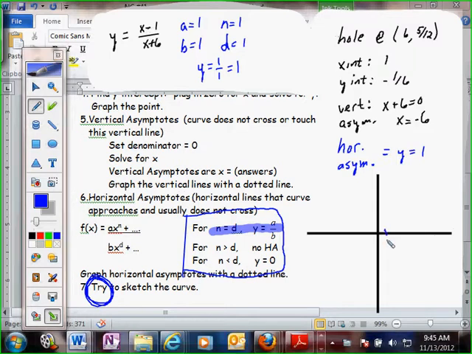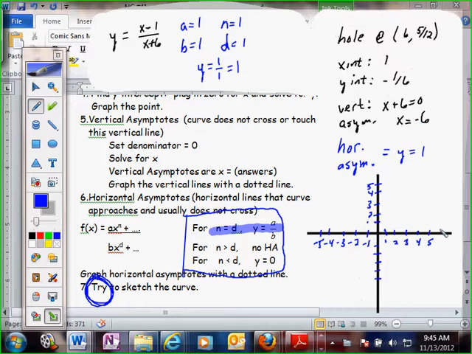Now mine's going to be a rough sketch. I got a 1, 2, 3, and so on.